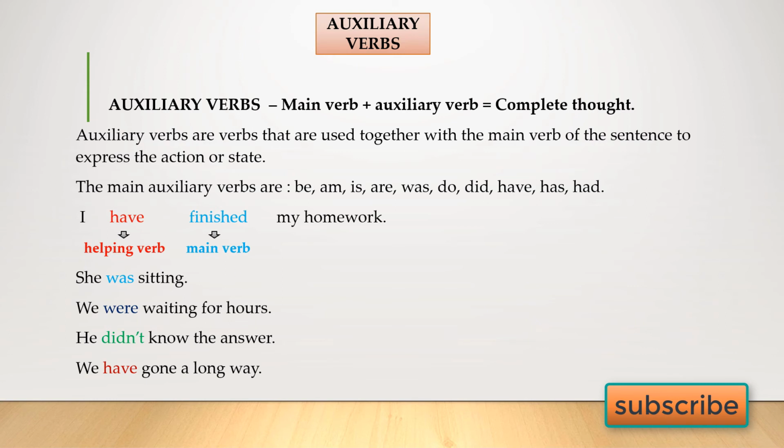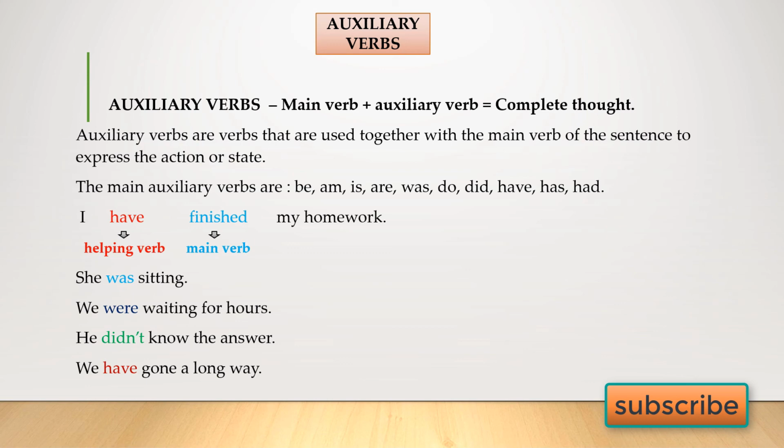So they give more meaning to the main verb and they cannot stand alone. That means they require a main verb for their existence. Let's take an example. I have finished my homework. So here have is a helping verb and finished is a main verb. So when we take both, helping verb plus main verb, we get a complete thought and a complete sentence.